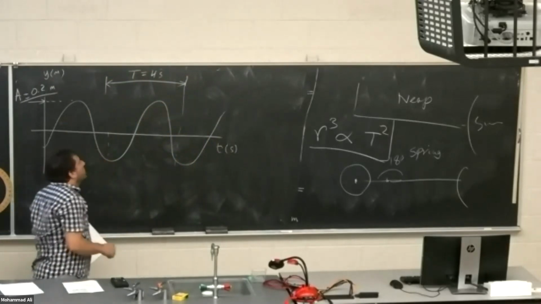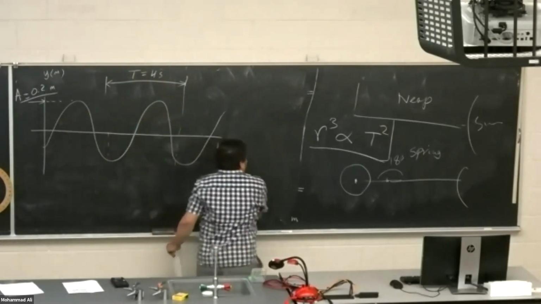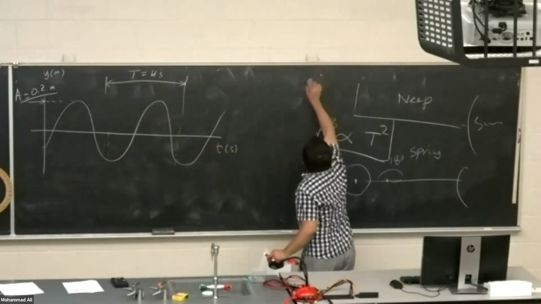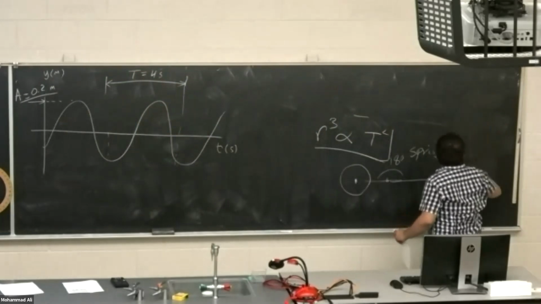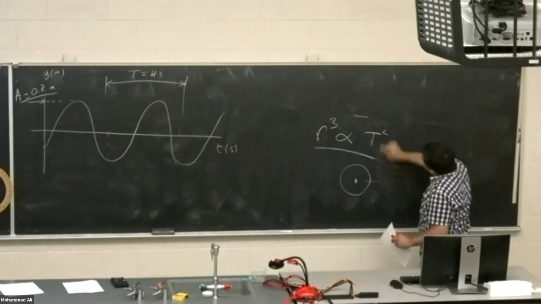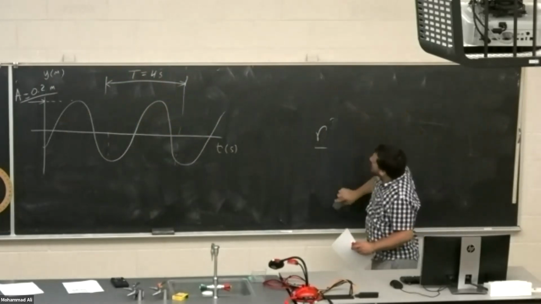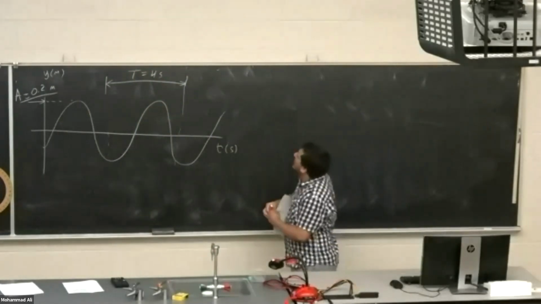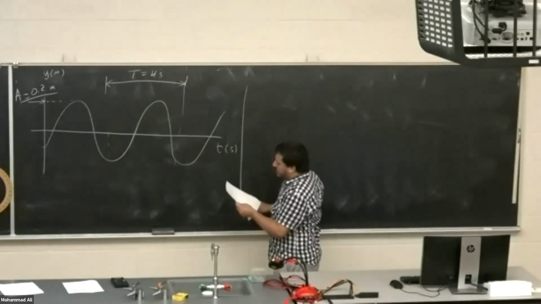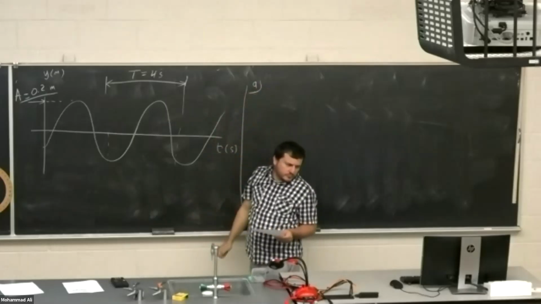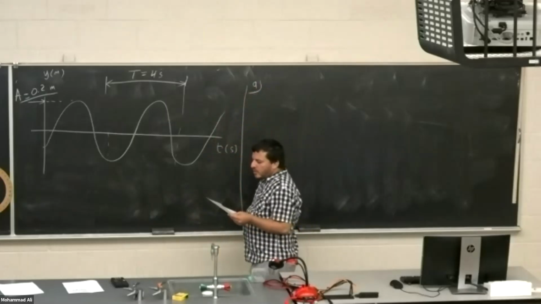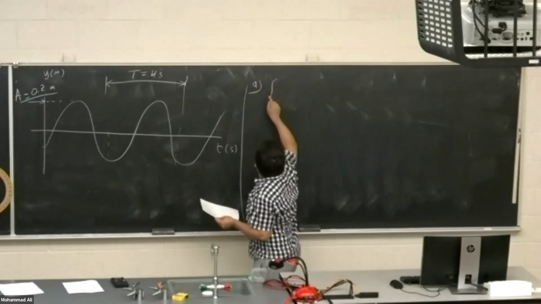I need you to compute some other quantities knowing the amplitude and the time period. If I need another piece of information, I will give you that information. So A, what is the frequency?